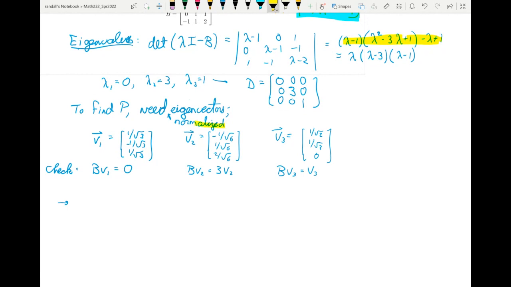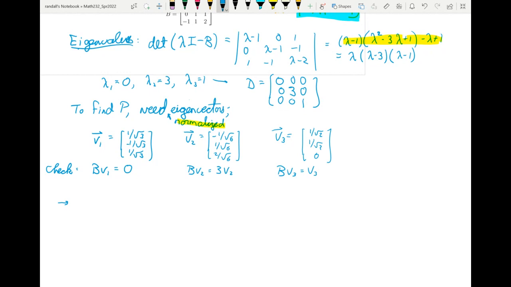So I'll highlight that because you can't form an orthogonal matrix out of vectors that are not orthonormal. The vectors you would get initially when you find the eigenvectors from the eigenspaces will be orthogonal amongst each other. You can check these are orthogonal, but these are the normalized versions.